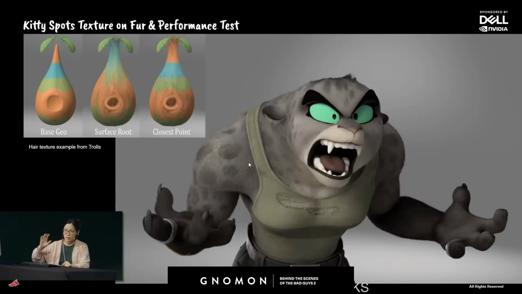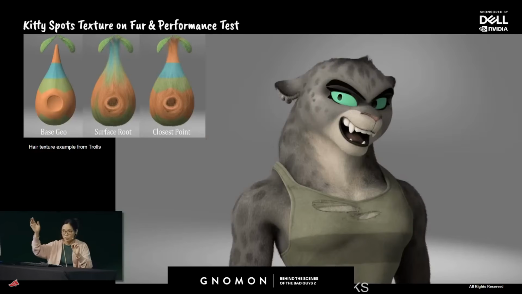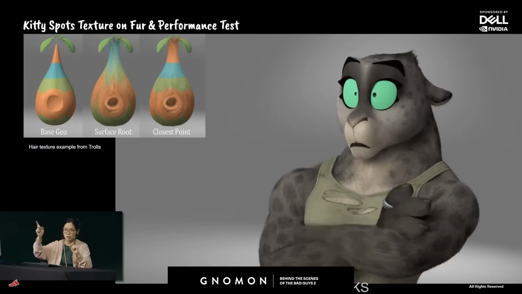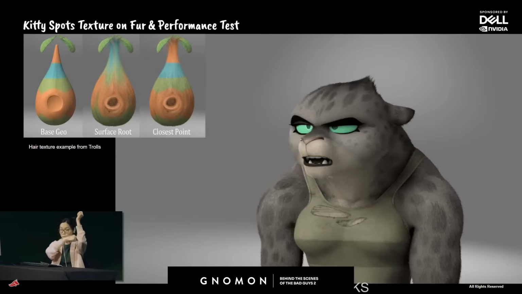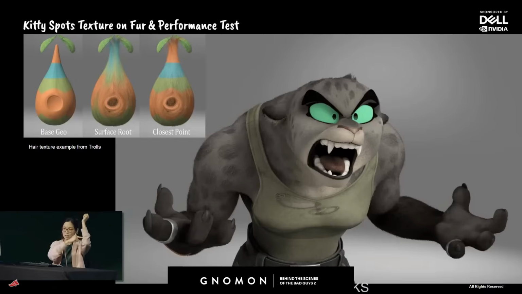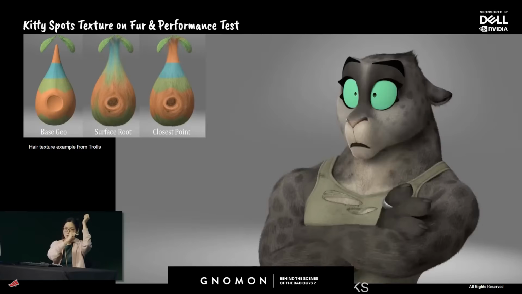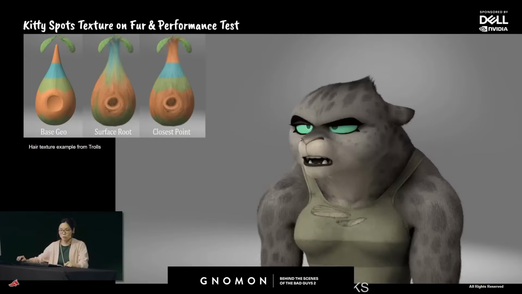To keep this simple, it's a curve with a bunch of points on it. Each point does a closest point projection onto the skin, finds the closest distance, and grabs the texture color of that point. Hence it's called closest point.